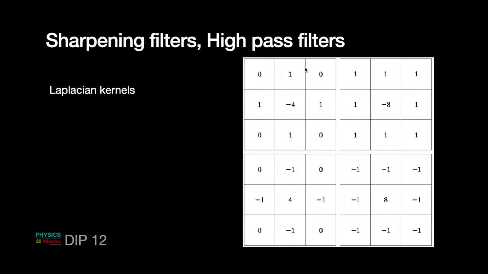However, this kernel is not an isotropic kernel. That means it cannot detect the slopes or edges along the 45-degree mark. If you want to make an isotropic kernel, then this is my new definition. Here you can see that I am putting 1, 1, 1, 1 at the corners also.